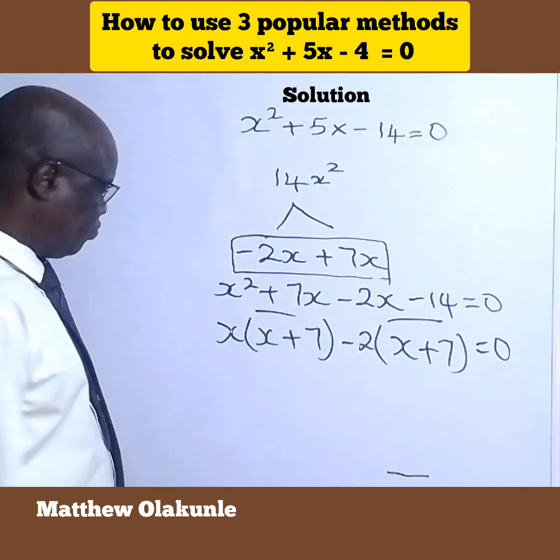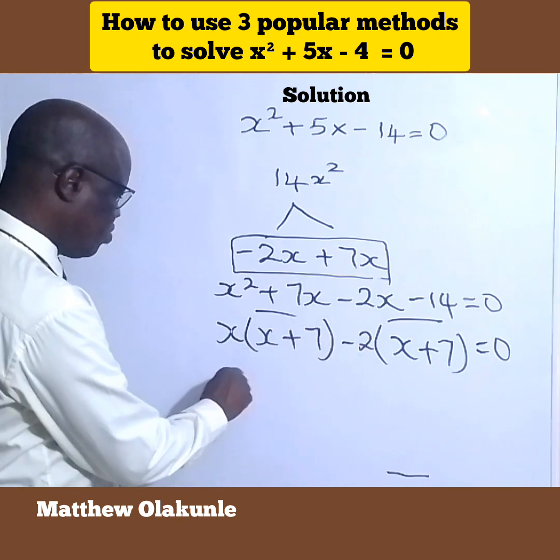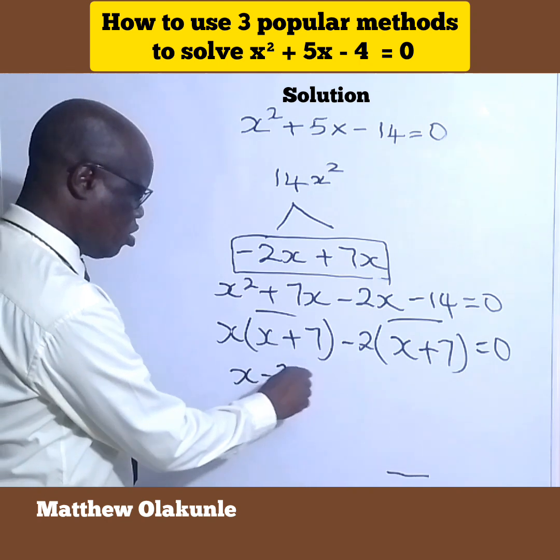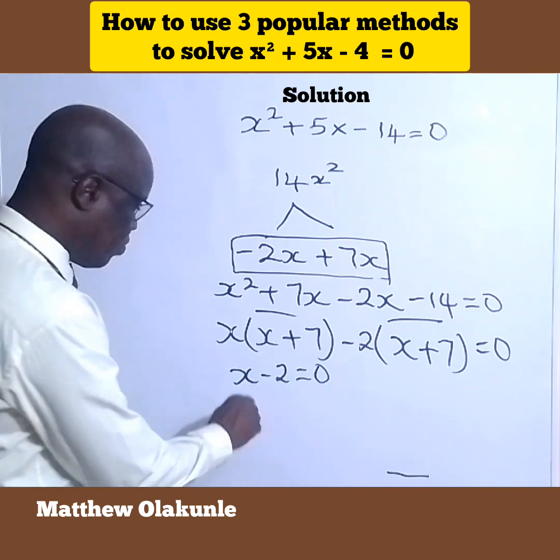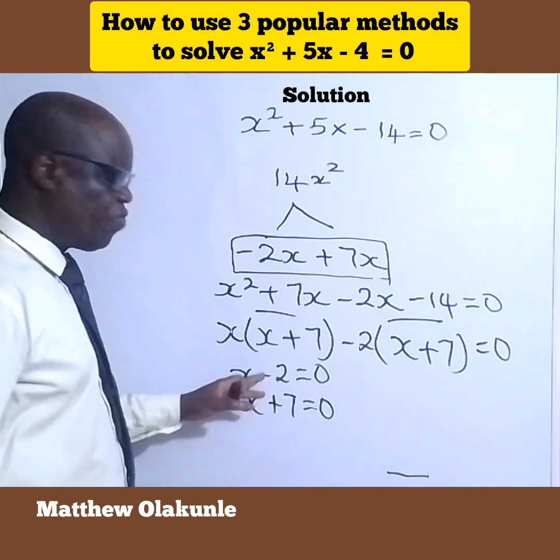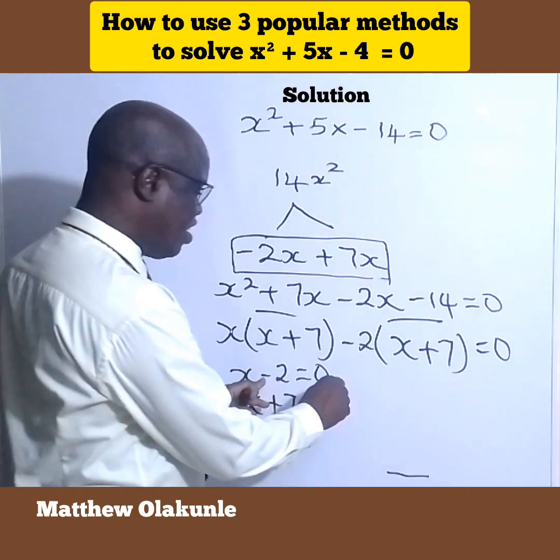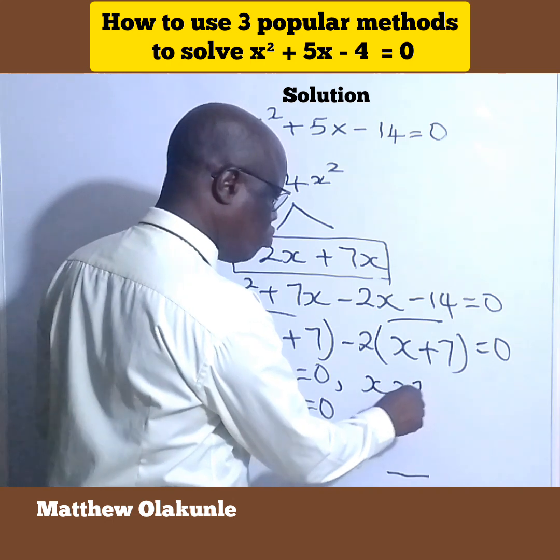So you have either x minus 2 equal to 0, or x plus 7 equal to 0. So if you take x minus 2 equal to 0, this implies that x equals 2.